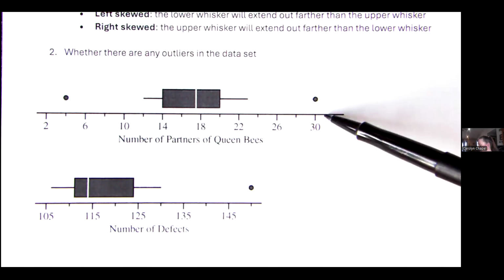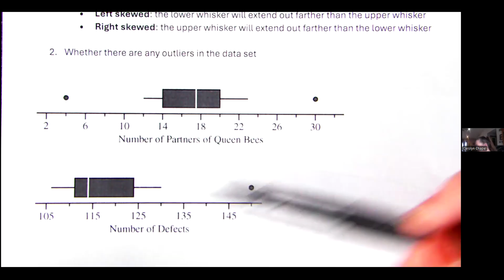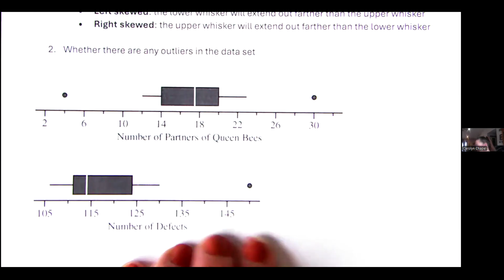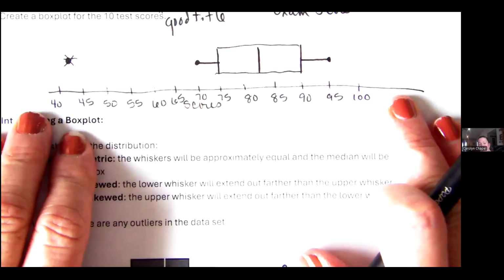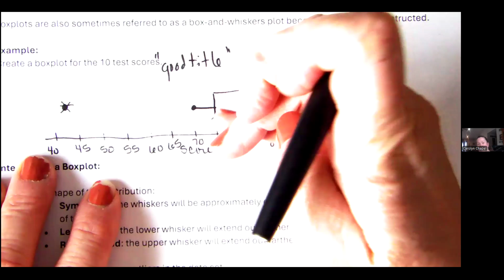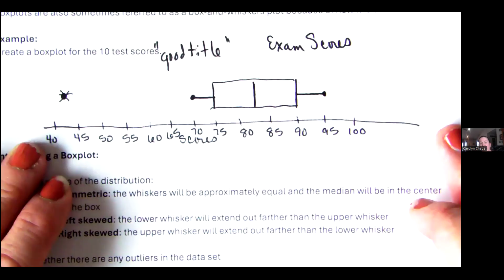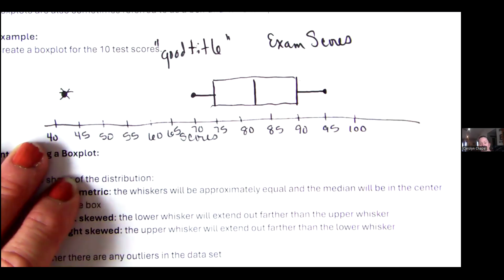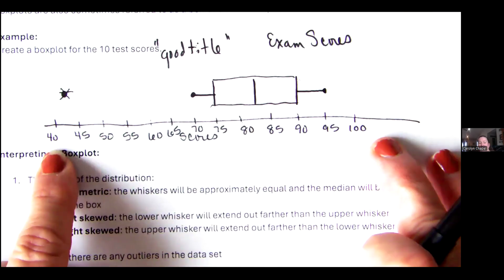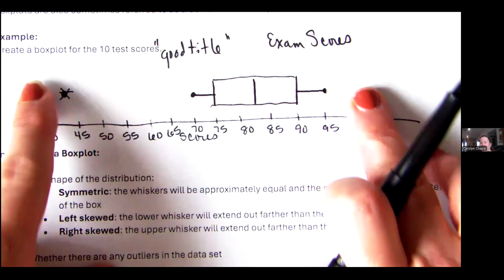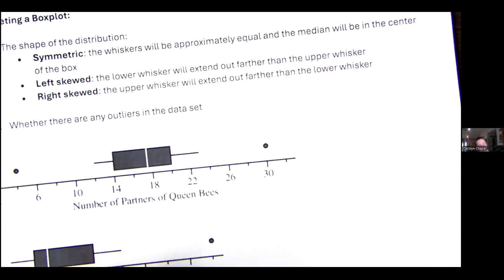You're going to want to make sure to have one data set, one line. So we'll have one scale and we'd have both boxes, one on top of the other. So just keep that in mind if you're doing comparative box plots. You want to use one set of axes so that you can compare the two. This concludes our graphing section.